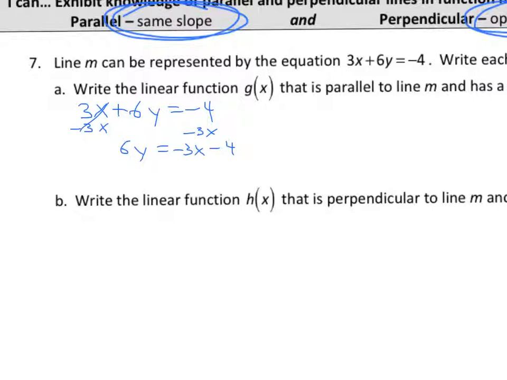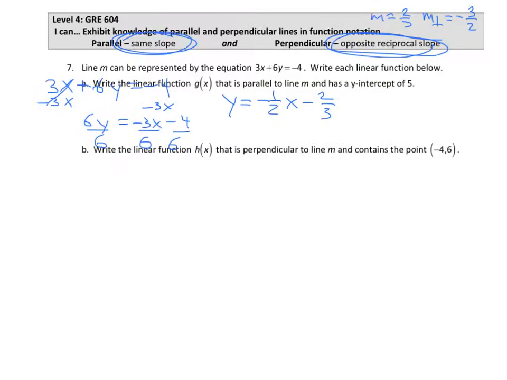And then I would divide by 6, and I divide everything by 6. And we get y equals, I can reduce -3/6, that's -1/2 x. And then I can reduce 4/6, that's -2/3. So the slope of line M is -1/2, the number in front of x.